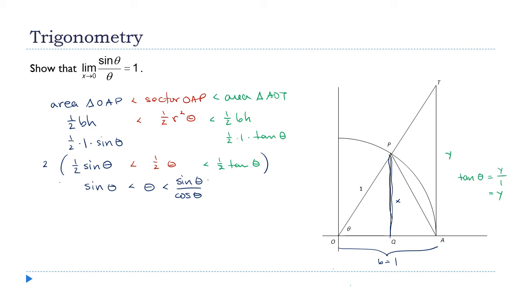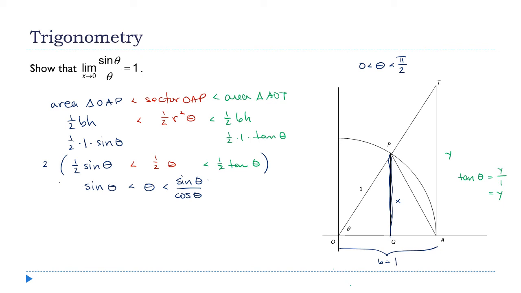Well, for this part of the proof, I'm going to focus on the right-hand limit. In other words, I'm only looking at values of theta to the right of 0, and because we're taking a limit, we're looking at small values, also less than pi over 2. Well, that's the first quadrant, right? And in the first quadrant, the sine is always positive.